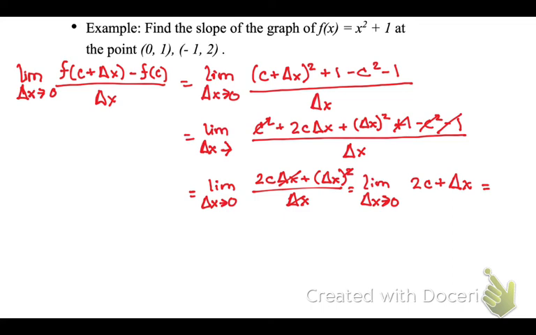I plug in 0 for delta x. So 2c plus 0 is 2c. So we just found what? The slope of the graph at point 0, 1.